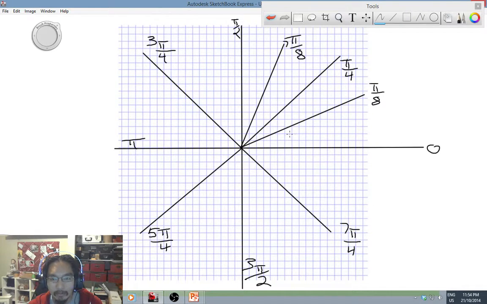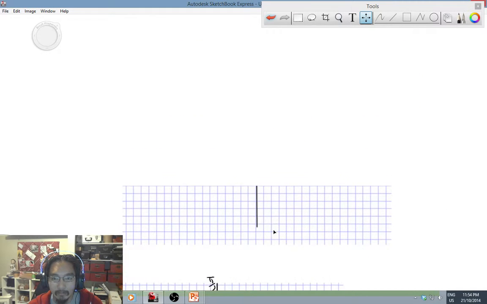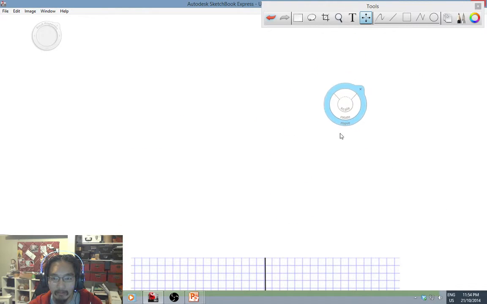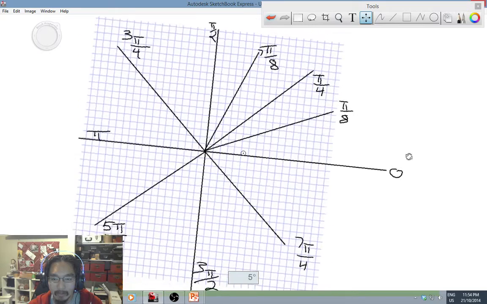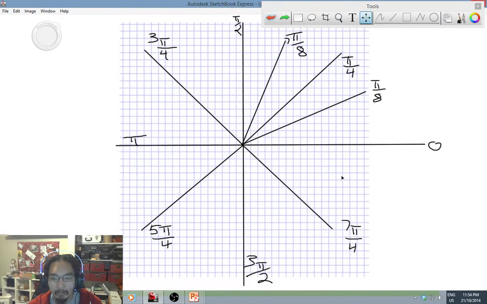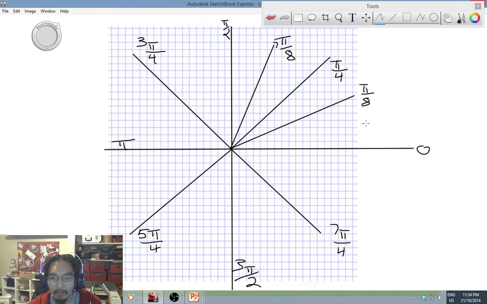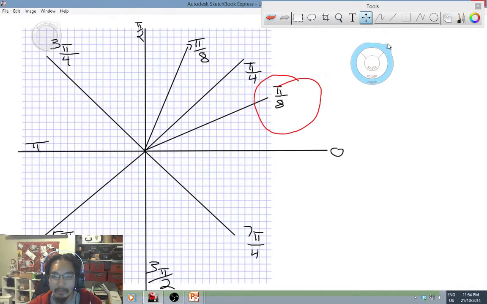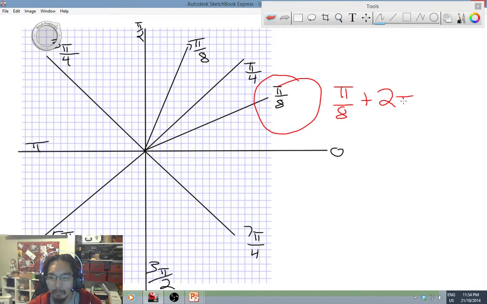Let's say I wanted to find all the coterminal angles of this. Well, I can't possibly list them all, so I can write an equation. All the coterminal angles of pi over 8 are pi over 8 plus 2 pi times n. That's it.